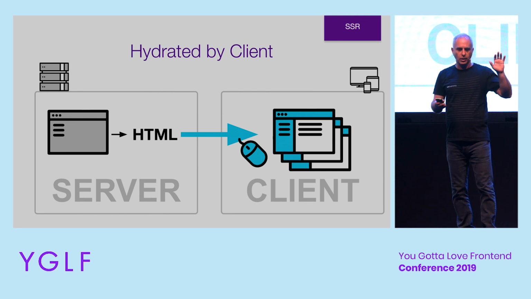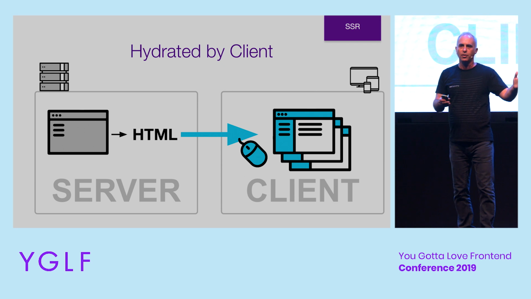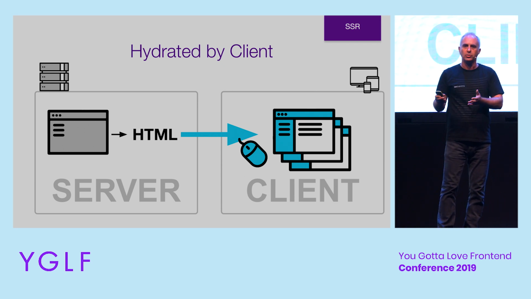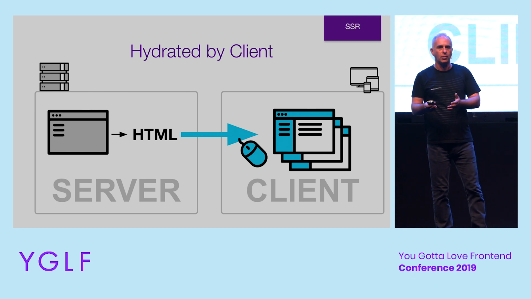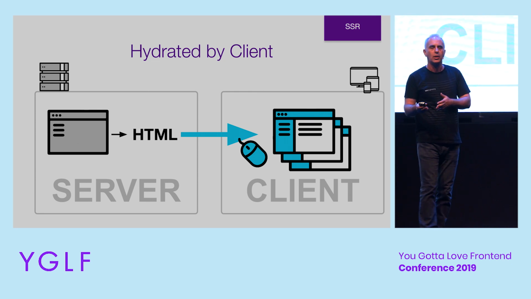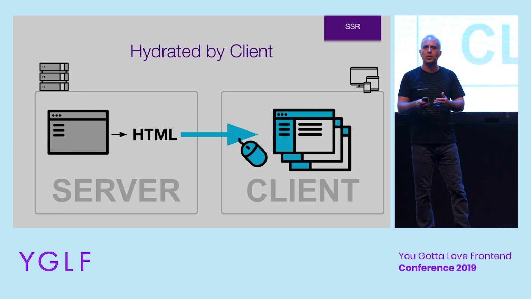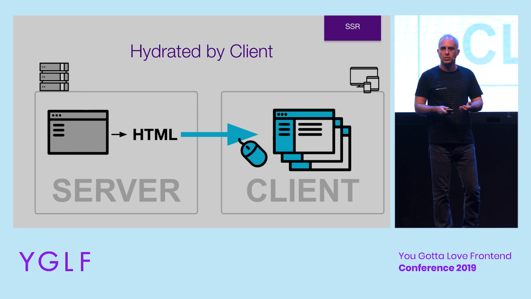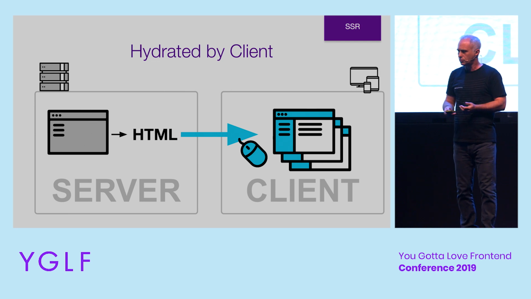So you get the look and feel, or the display, from the server, and you get the functionality or interactivity from the same code running on the client. And from that point on, as you navigate through additional pages on the client side, those pages are client-side rendered like in any normal single-page application.